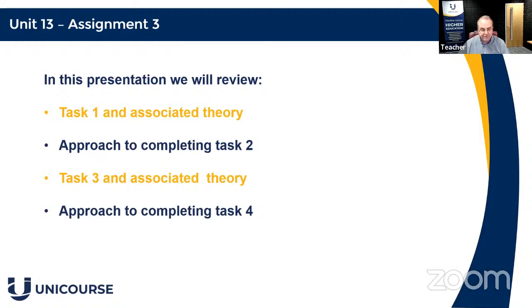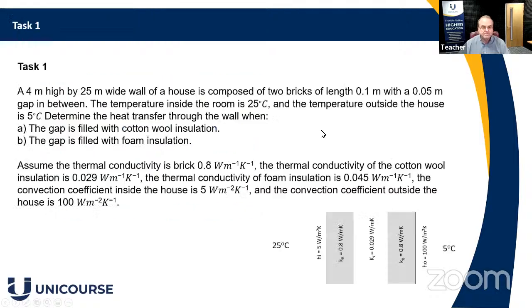So the formula derivation needs to be done so you understand where the equation that we're going to use has come from. And the last task, which is task 4, we're going to look at the approach to completing task 4. We're not going to do any theory associated with that, but we'll give you pointers in the right direction. And hopefully by the end of the session, you should be in a good position to have a good crack at this assignment.